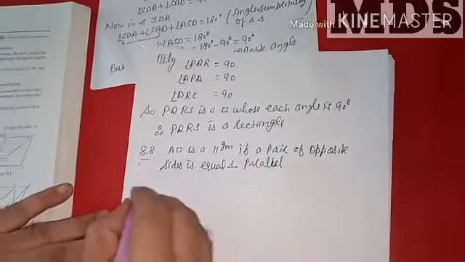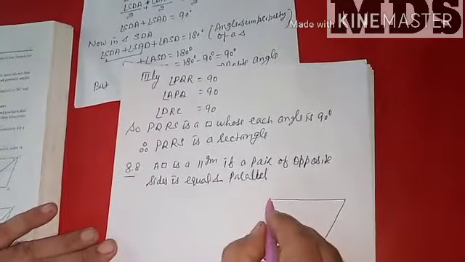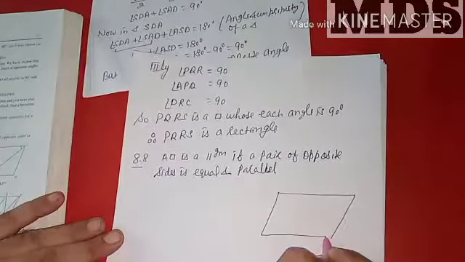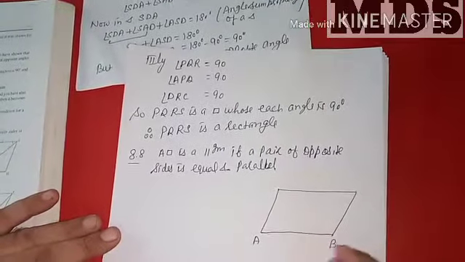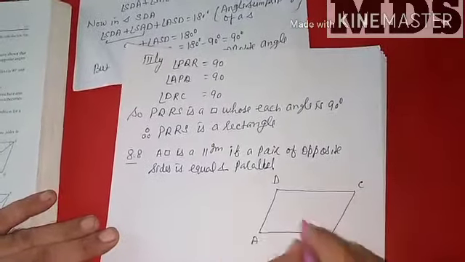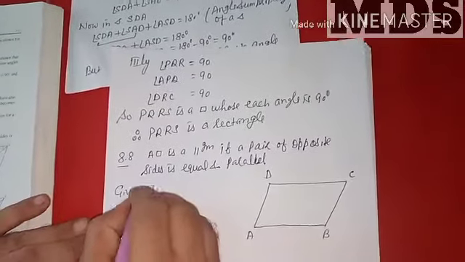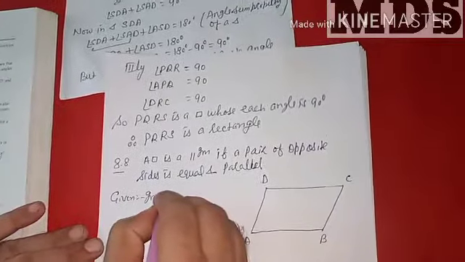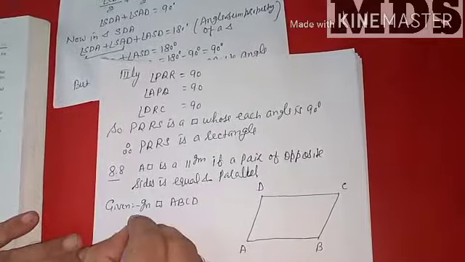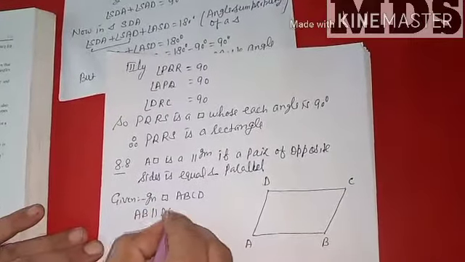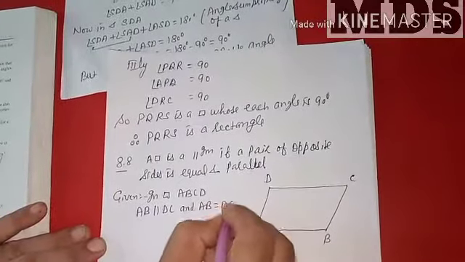So you can take the proof of it. First you can take a quadrilateral. Which quadrilateral? Its name is ABCD. Given, you can write, in quadrilateral ABCD, AB is parallel to DC and AB is equal to DC.